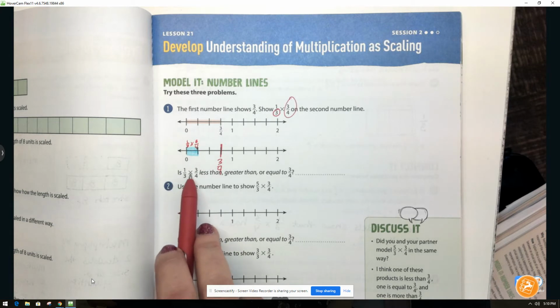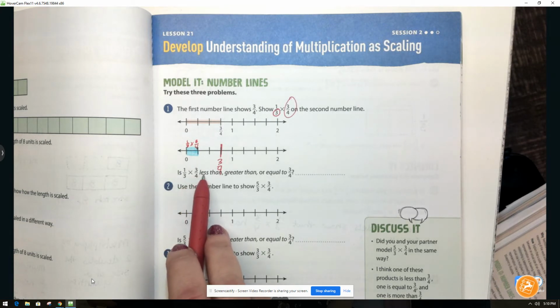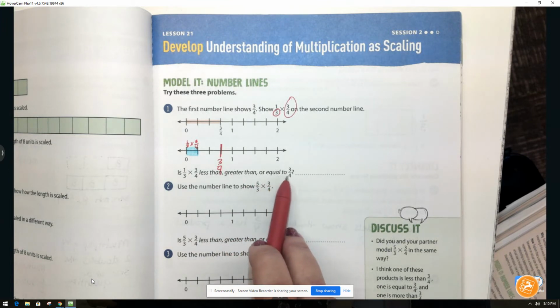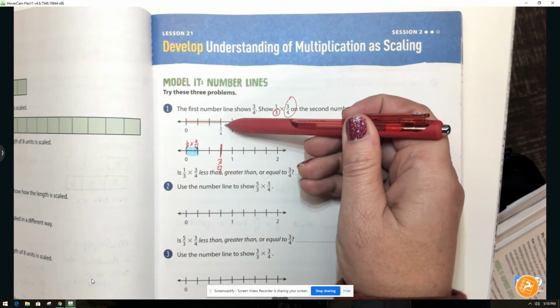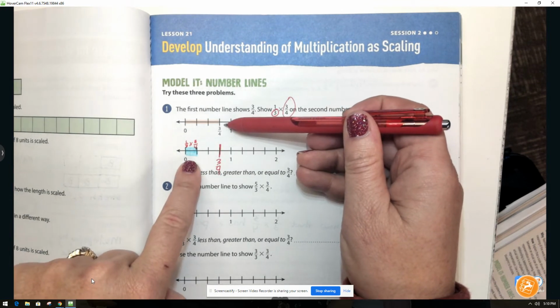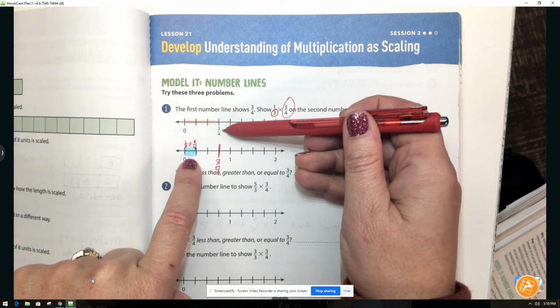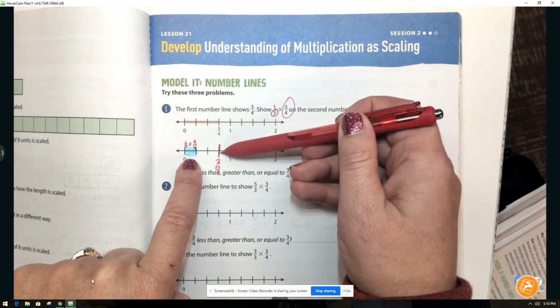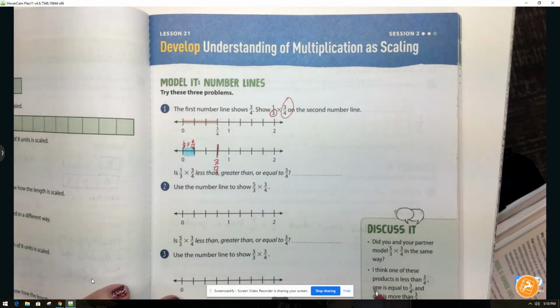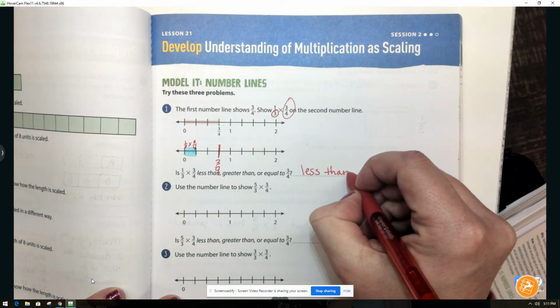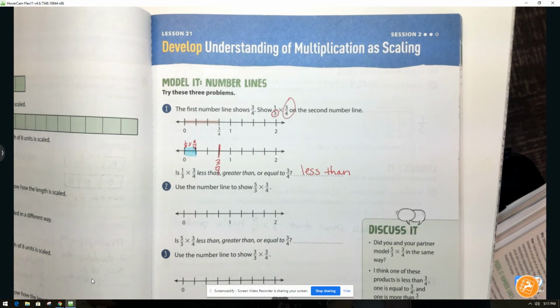Is 1/3 times 3/4 less than, greater than, or equal to 3/4? So if this is 3/4, is this amount here less than, greater than, or equal to 3/4? That's right, it is less than. So all you have to do is write the words less than on the line.